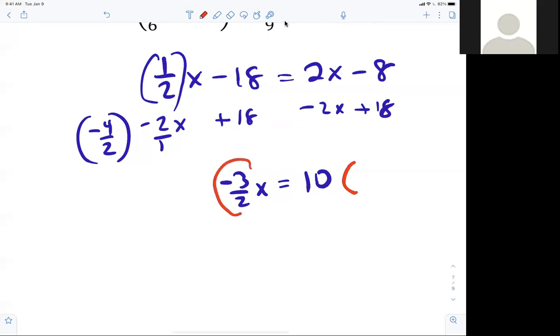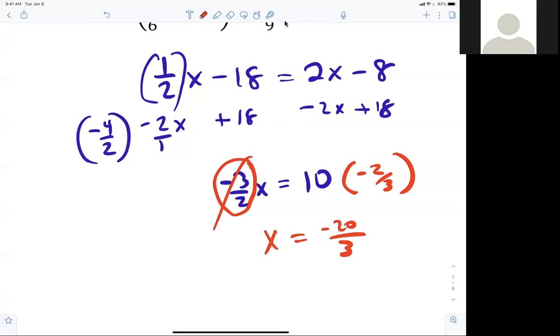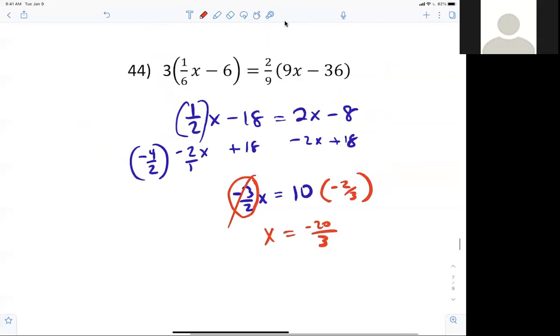How do I get rid of a fraction? Right. So I prefer you to say you're just multiplying by negative 2/3. So what's my final answer? Yes, negative 20/3. All right, negative 20/3.